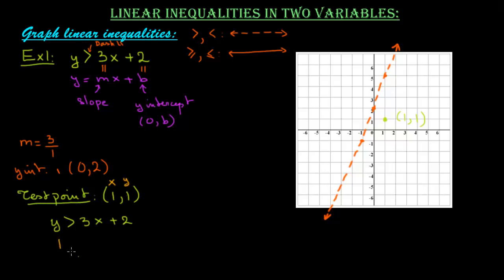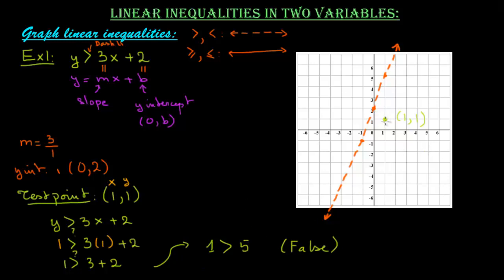So 1 greater than 3 times 1 plus 2. So we have 1 greater than 3 plus 2, so 1 greater than 5, which is false.